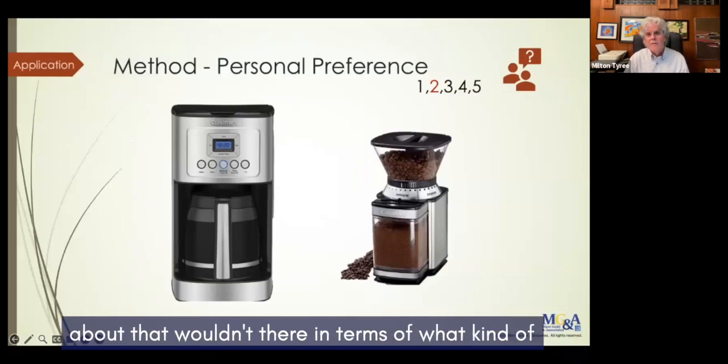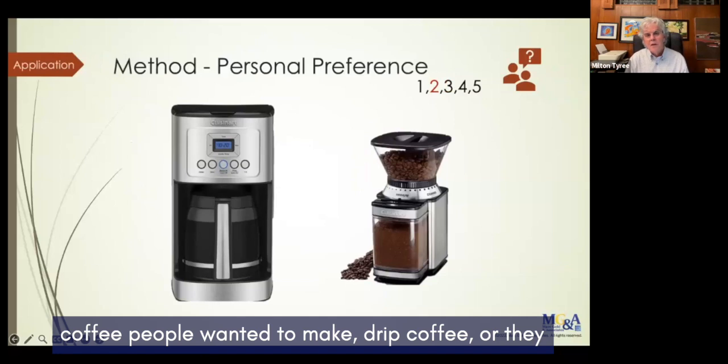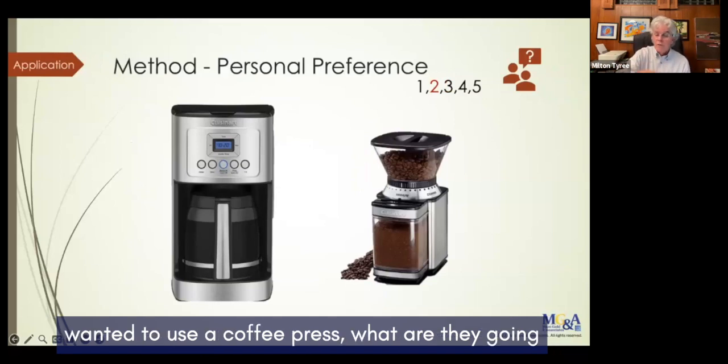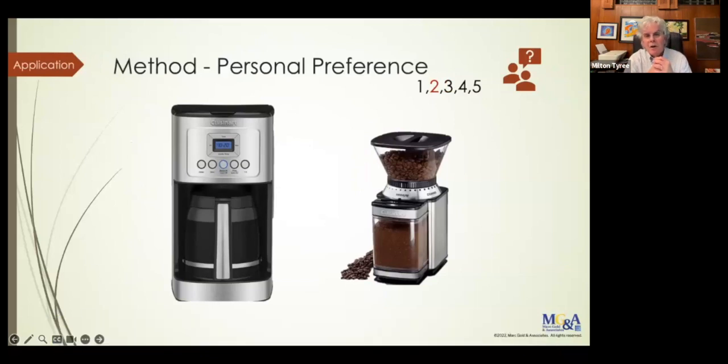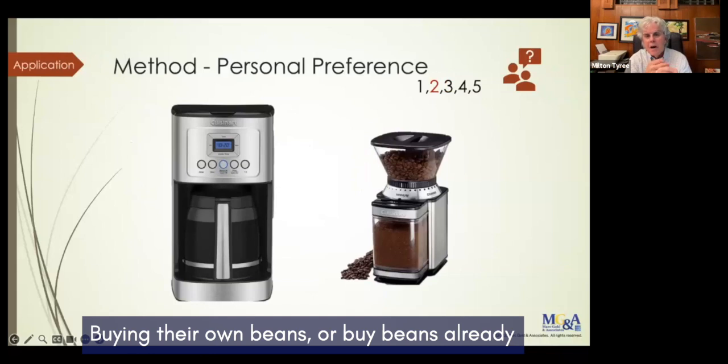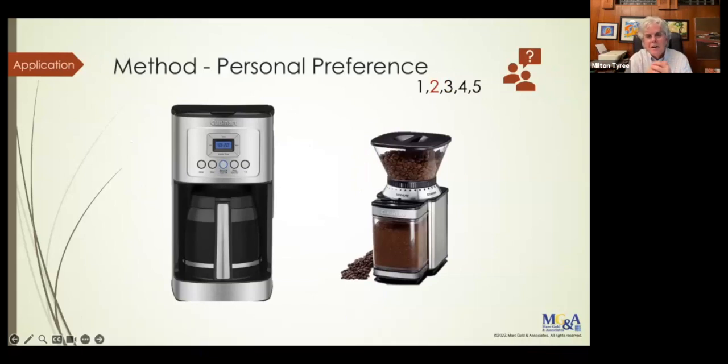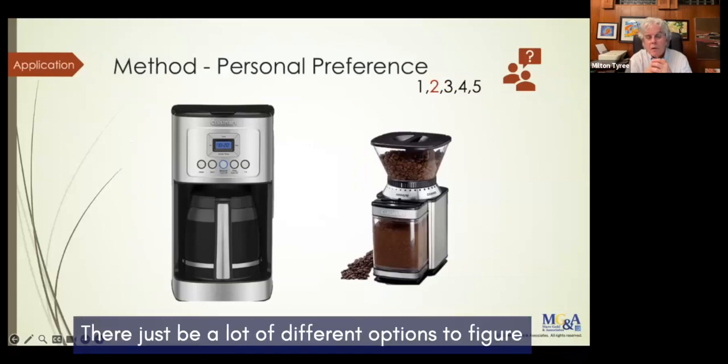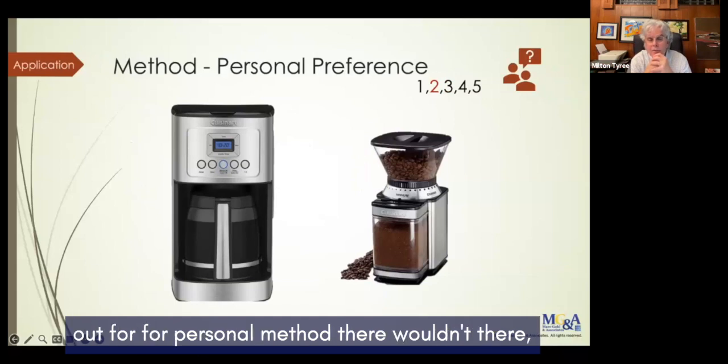In terms of what kind of coffee people wanted to make, drip coffee, or they wanted to use a coffee press, whether they're going to grind their own beans or buy beans already ground. There'd just be a lot of different options to figure out for personal method there, wouldn't there?